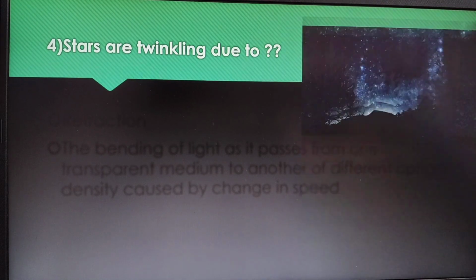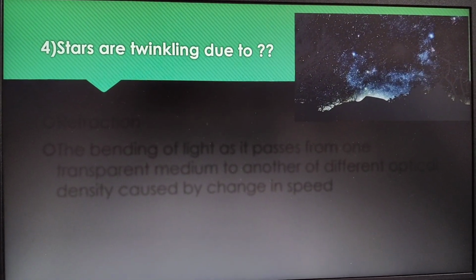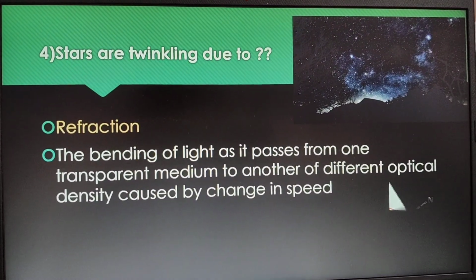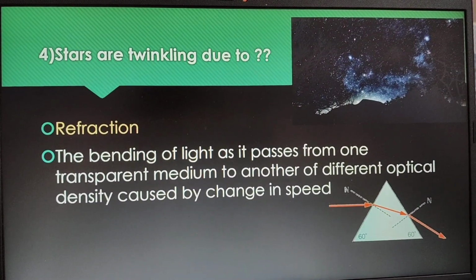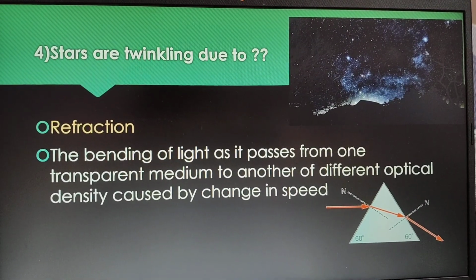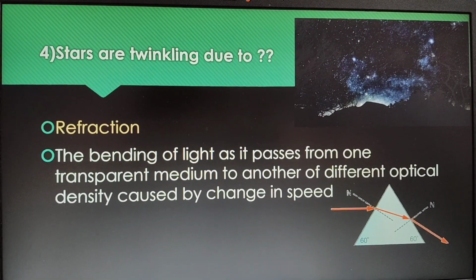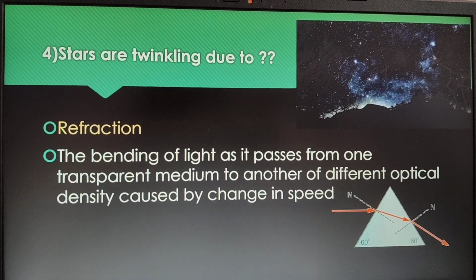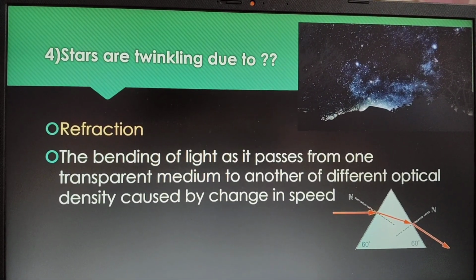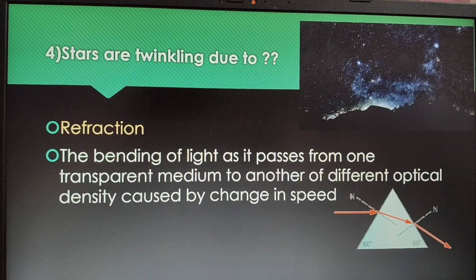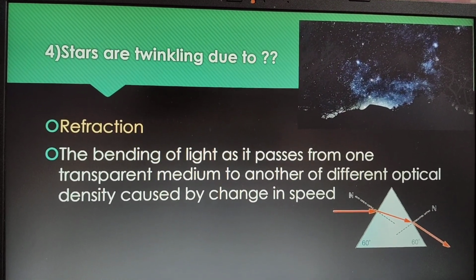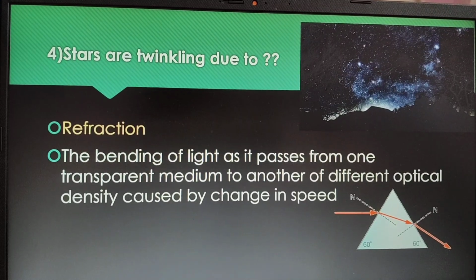Stars are twinkling due to. Why do the stars in the sky twinkle? Which phenomenon is responsible for the twinkling of stars? It is refraction. What is refraction? The bending of light as it passes from one transparent medium to another of different optical density, caused by a change in speed. You can see in the prism below, when it is coming from the prism to outside, the third line, the red line, is moving away from the normal.